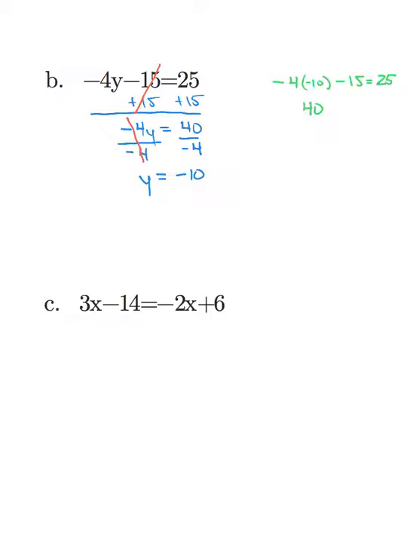Remember that negative times a negative is a positive. So we get 40 minus 15. And I want to know, is that equal to 25? Well, 40 minus 15, yes, that is equal to 25. And so we do have a true statement, and therefore my solution is y equals negative 10.